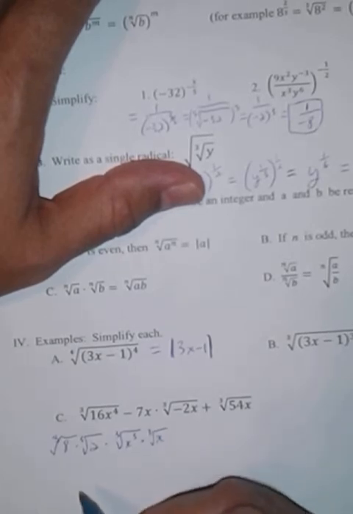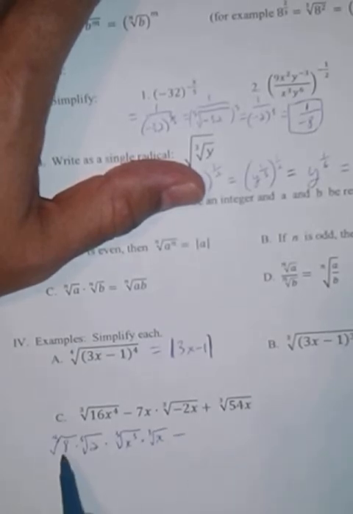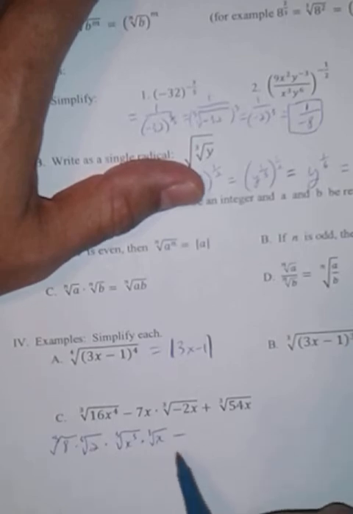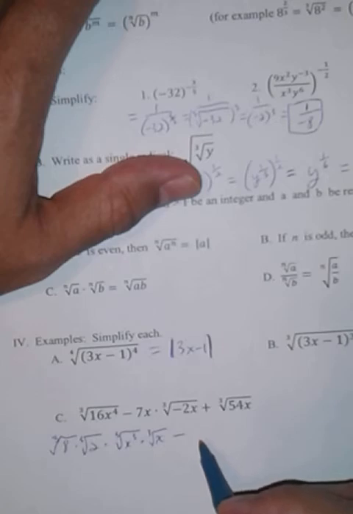And so what you'll notice is we can simplify the cube root of 8, that's just 2, the cube root of x to the 3rd, that's x, but we cannot simplify the cube root of 2 and the cube root of x, so that means the cube root of 2x will remain, and that tells us that that second term, the minus 7x times the cube root of negative 2x, we want to write it in terms of the cube root of 2x.